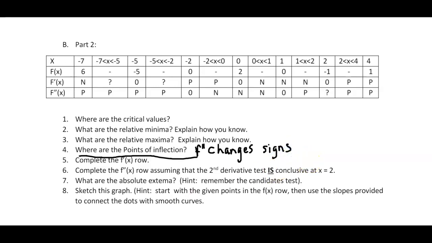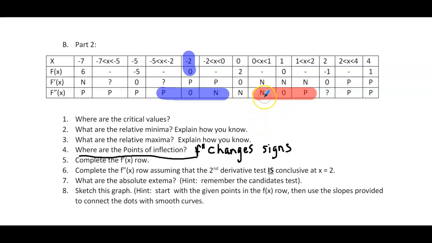And what that means is that the graph of f would be changing from concave up to concave down, or vice versa. So for instance, right here, it's going from positive to negative. And so the point (-2, 0) is a point of inflection. Here's another one.